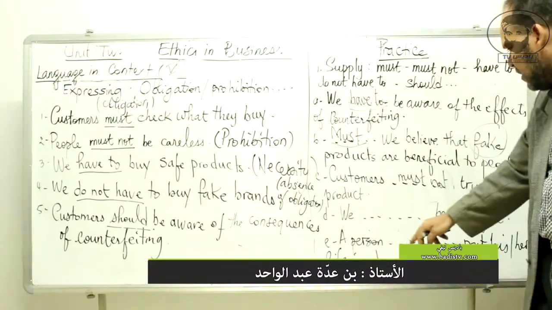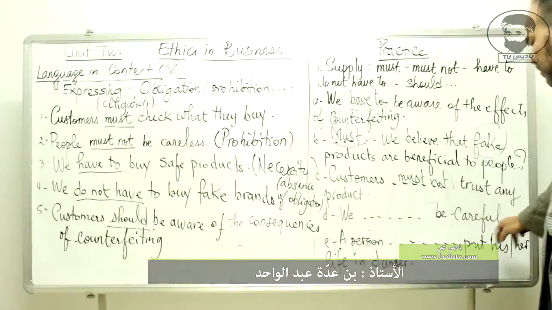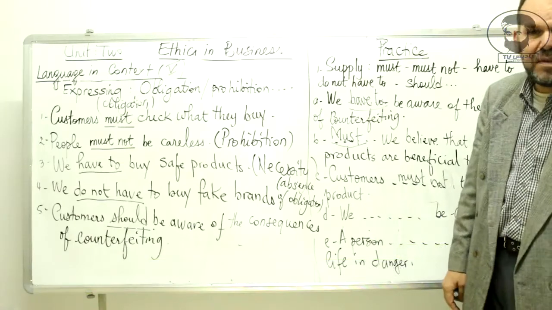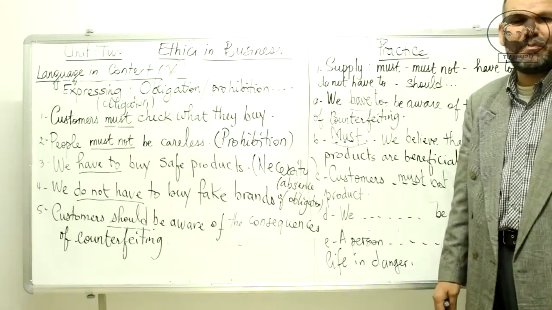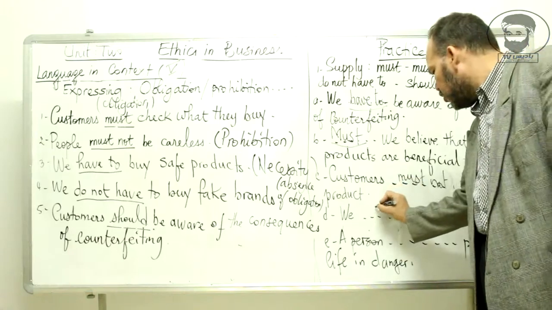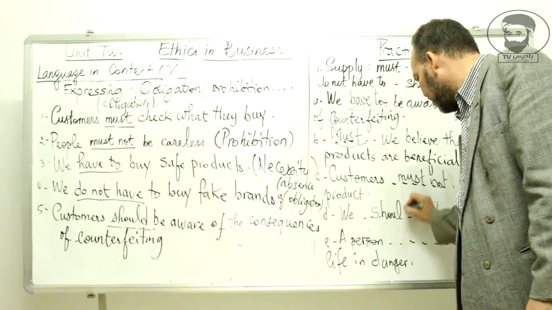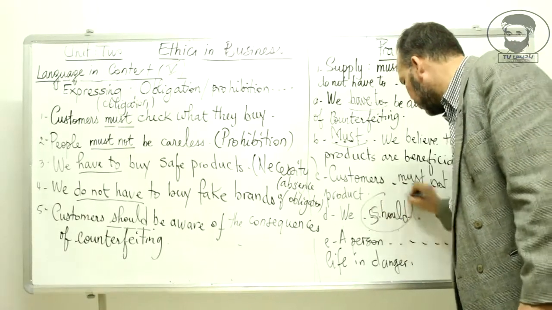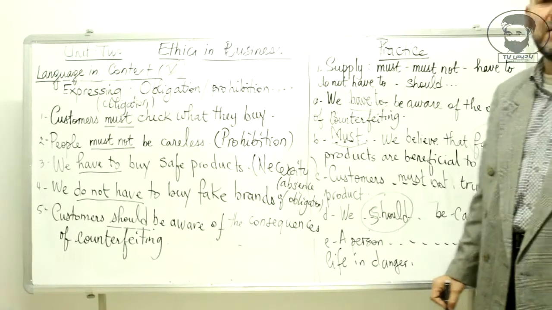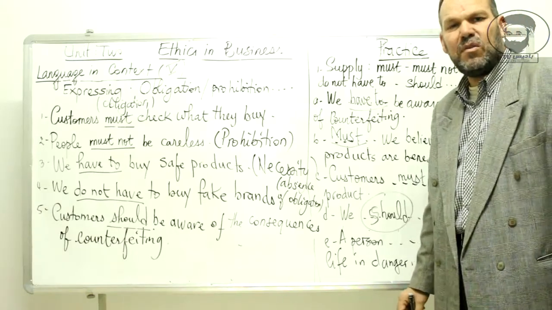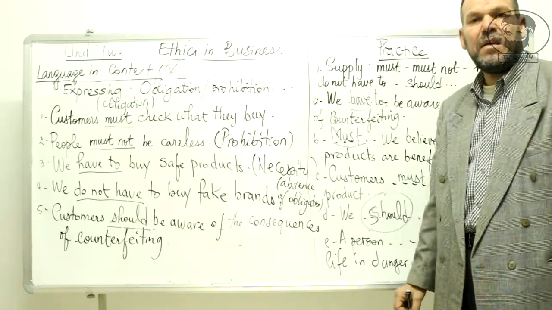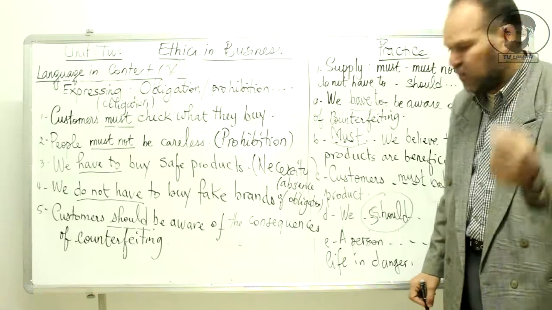The next example: we be careful, especially when you buy something, and especially when it's a fake product. So we should. It's an advice, but at the same time, a warning. We should be careful when you buy something. We should be careful when you use an imitated product, especially when it is something to consume.